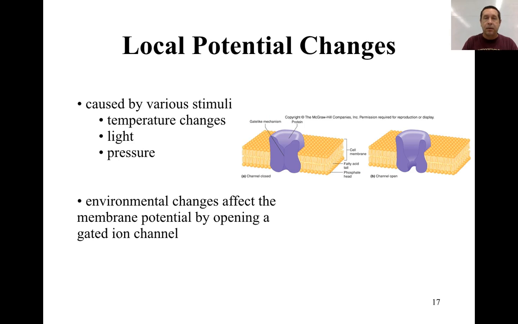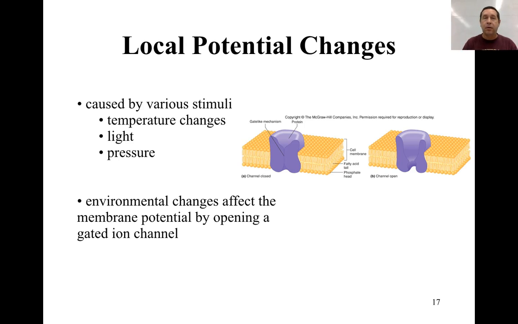In order for a cell or a neuron to generate what's called an action potential, or a signal, it has to have a strong enough stimulus in order to activate the cell. Many times it's not a single stimulus that is going to activate the cell, but several stimuli together.